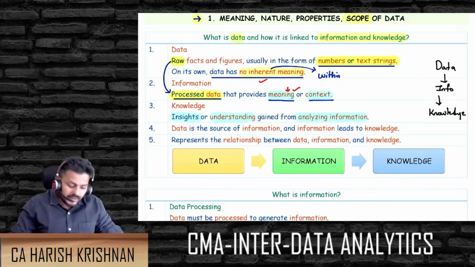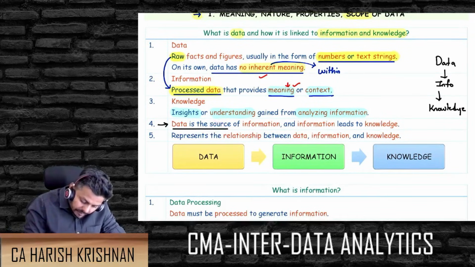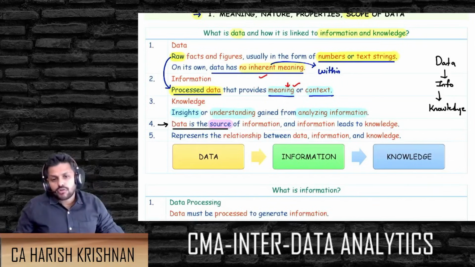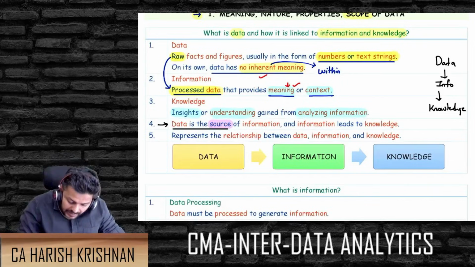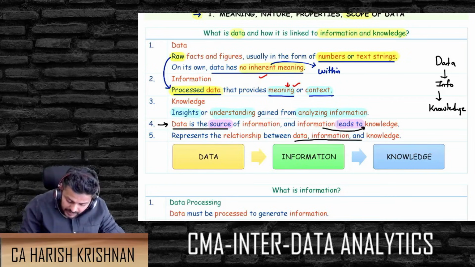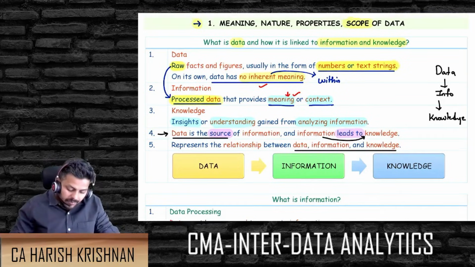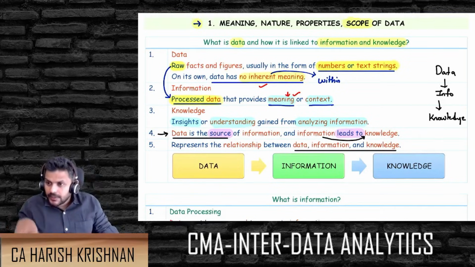As you want to see, the next point here is a key point. Data is the source of, what is data? The source of information. Data is the source of information, and information leads to knowledge. This represents the relationship, so that you can clearly see, which I was telling you all this while, what represents the complete story between data, information, and knowledge.